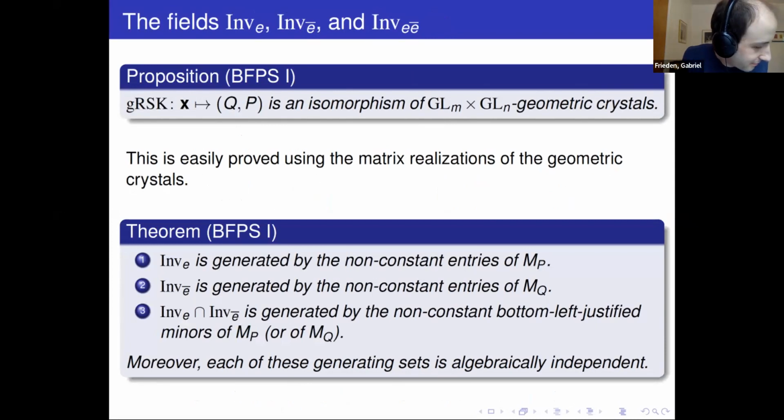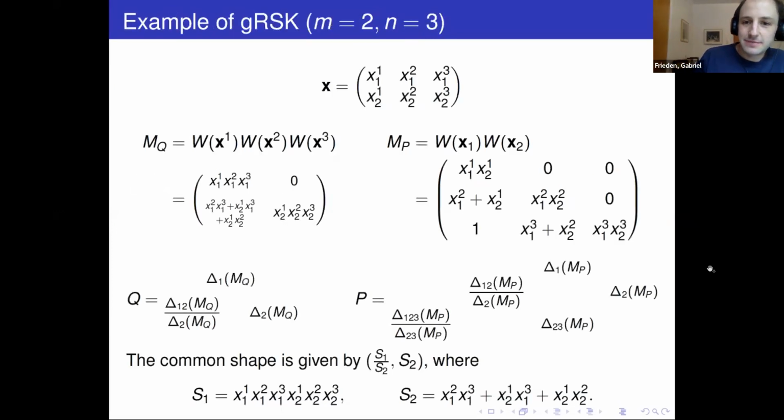The idea is if we go back to this matrix here, these 5 polynomials, it turns out, generate all of the things that are invariant under the GLm geometric crystal operators.